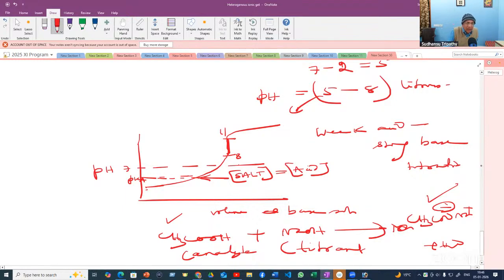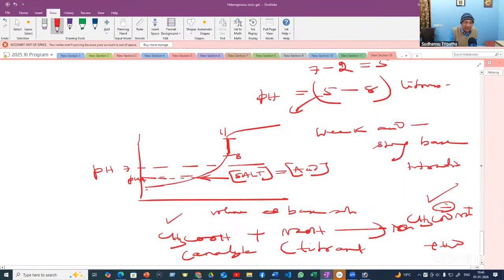And then the distinctly basic region, because when all the acid is consumed by an exactly equivalent quantity of sodium hydroxide, you get only salt. Many people call it hydrolysis of the salt, but we say it is due to the basic dissociation of the anion.